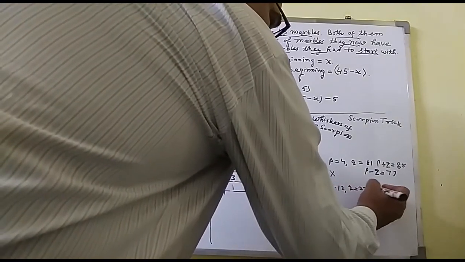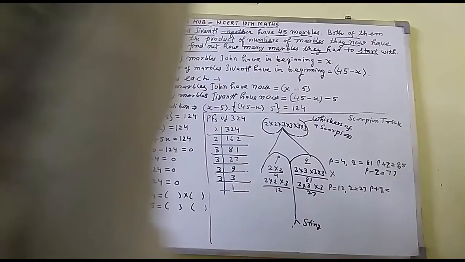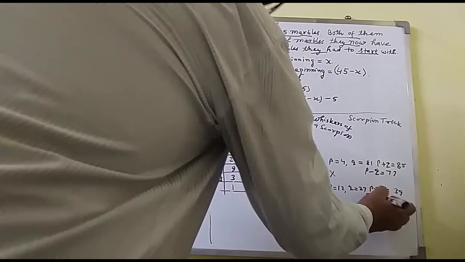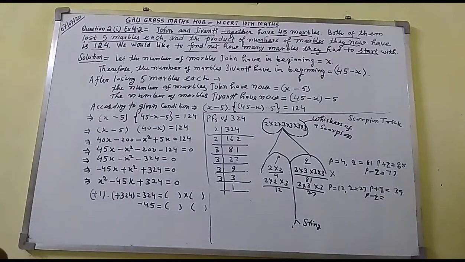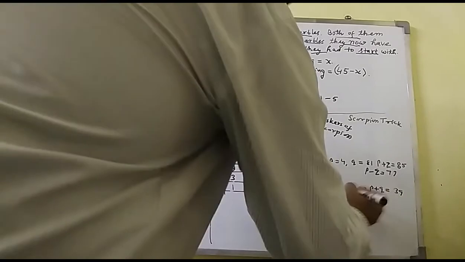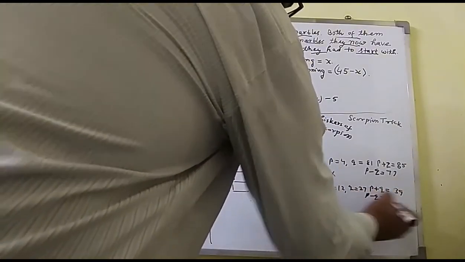If you do P plus Q, you will get 39. If you do P minus Q, I am neglecting the plus or minus sign here. If you do P minus Q, you will get 27 minus 12, which is only 15.